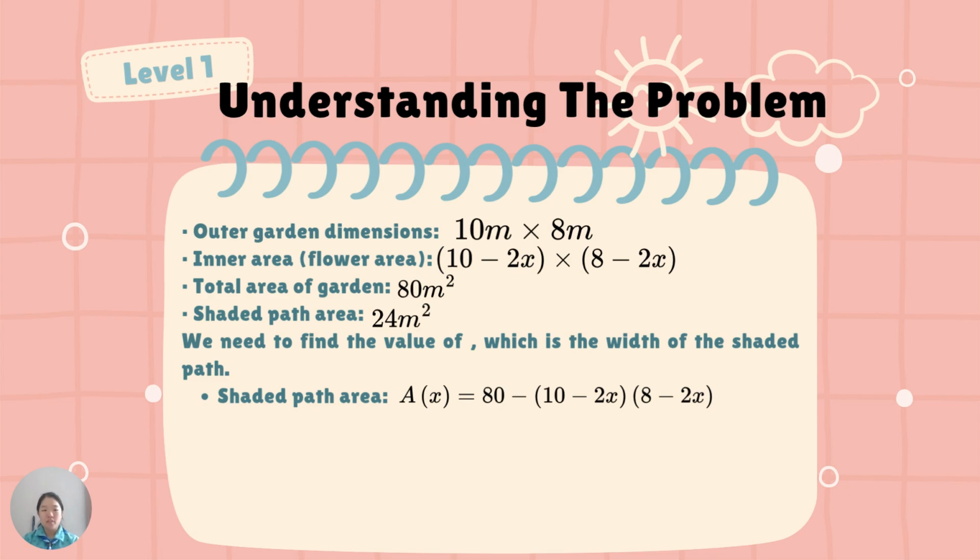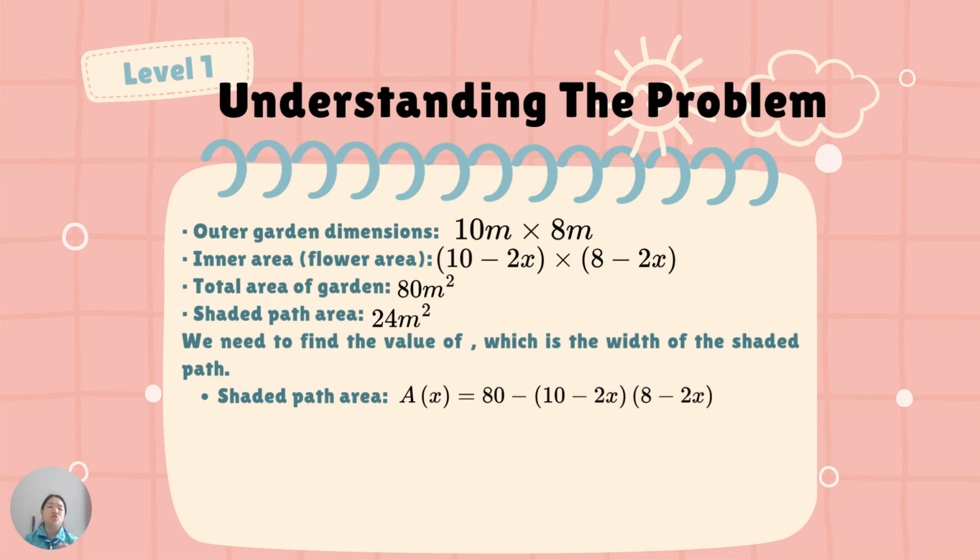For the first step, understanding the problem. The area of the outer garden dimensions is 10 meters times 8 meters. The inner area, which is the flower planting area, is represented by the formula (10 minus 2x) multiplied by (8 minus 2x).